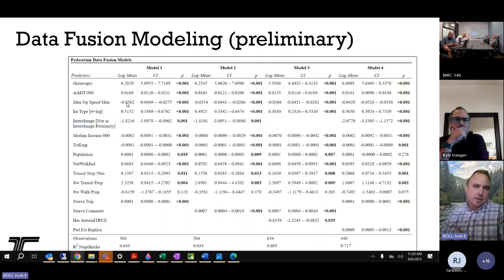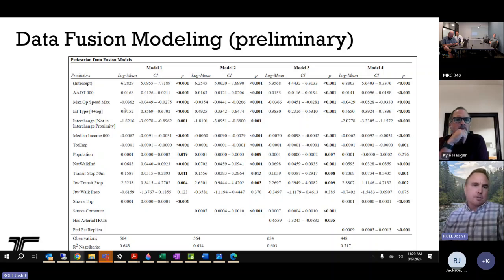I think we're missing something there that we're trying to account for with this interchange proximity variable, which is going in the right direction, but a more reasonable sign with the max speed. The higher the speed, the less the ped volume. And so maybe if there's a lot of cars, but they're all moving very slow, maybe we would expect more pedestrian volume. Again, these are preliminary models, so as we dig into this, we'll see.